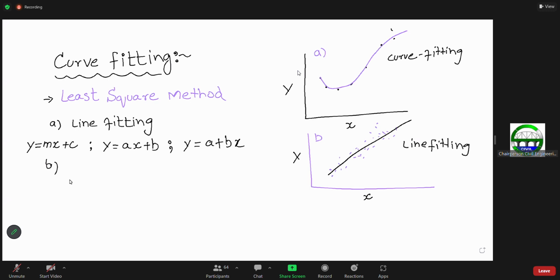When we go to a polynomial, with the power more than one, then it could be y is equal to ax squared plus bx plus c, right? We can write, or maybe we can write it like y is equal to a plus bx plus c squared, any of these things.